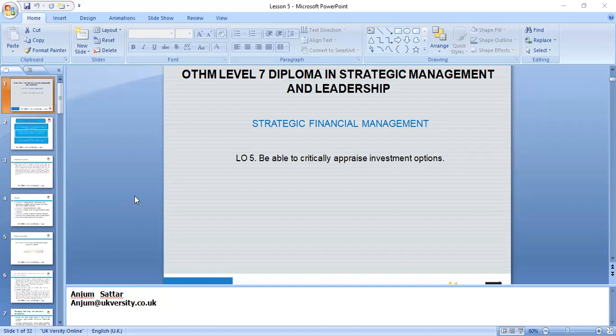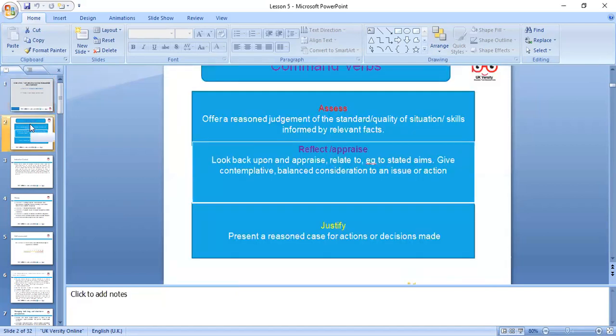Today's lesson we'll discuss being able to critically appraise investment options. So our key assessment criteria: assess, reflect, and justify.